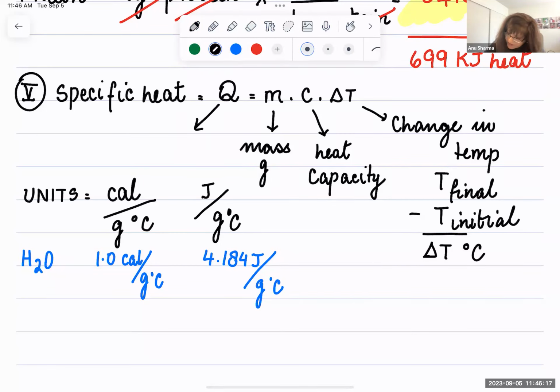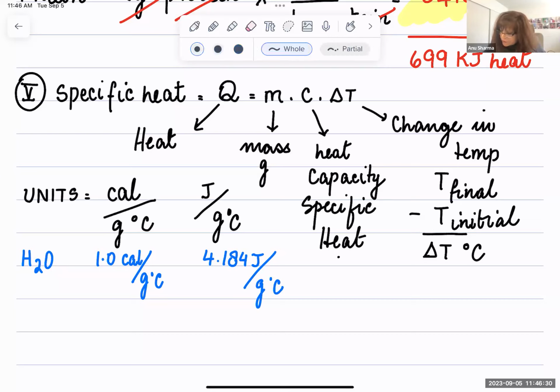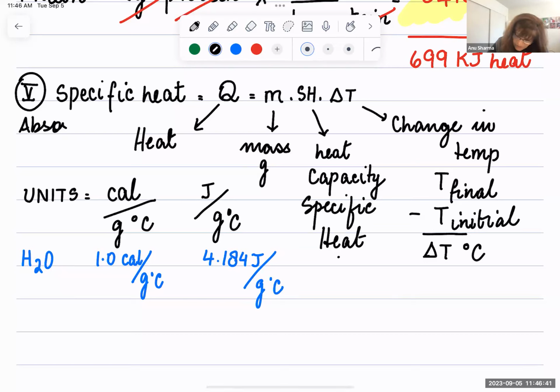And Q is the amount of heat released or absorbed. Heat capacity is the specific heat capacity. And this is not C, your book is using SH, specific heat. So Q is the total amount of heat absorbed or released.